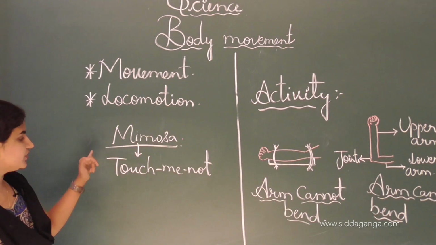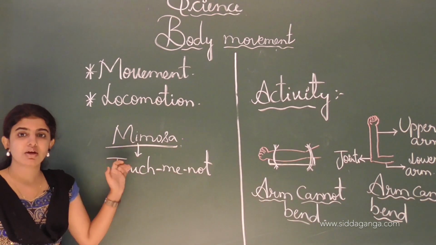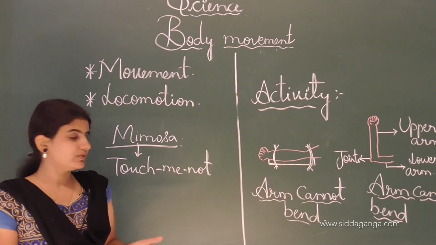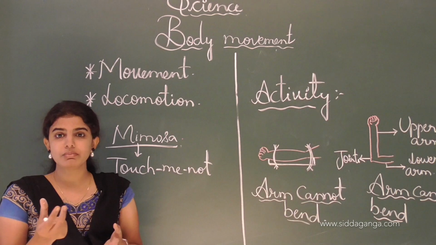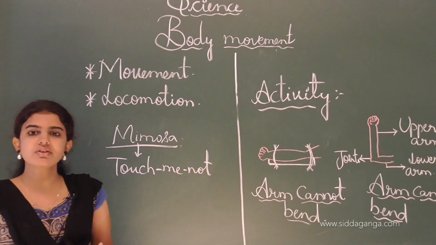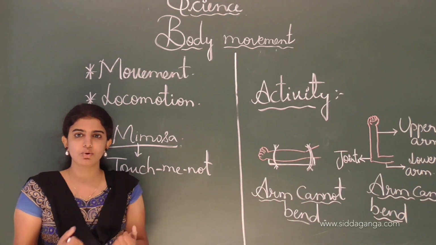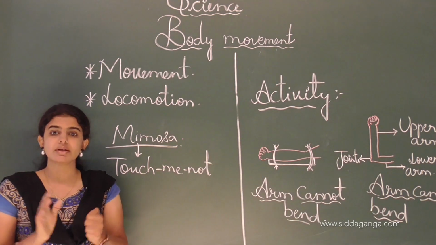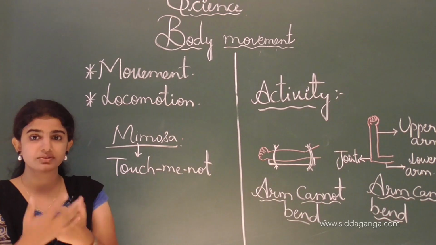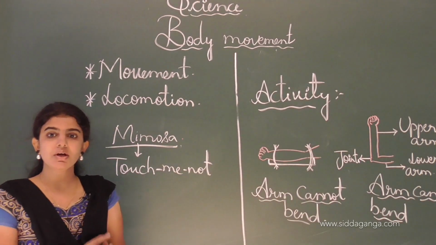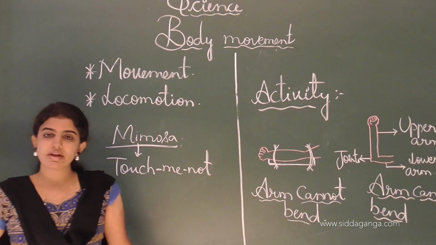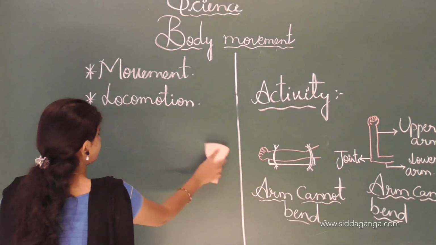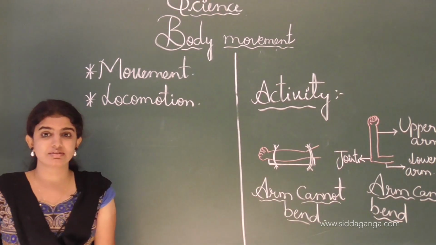The scientific name of the touch-me-not plant is Mimosa. In Mimosa, if we touch the leaves of the plant, the leaves fold or close. After some time they open again, and there we can say that movement takes place in plants also. It is quite difficult to observe movement in plants, whereas in animals, where movement is much more visible, we can see it very easily.